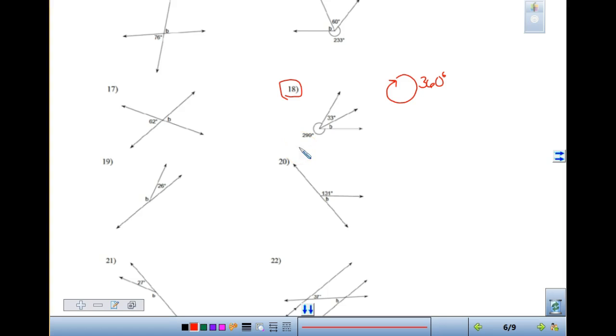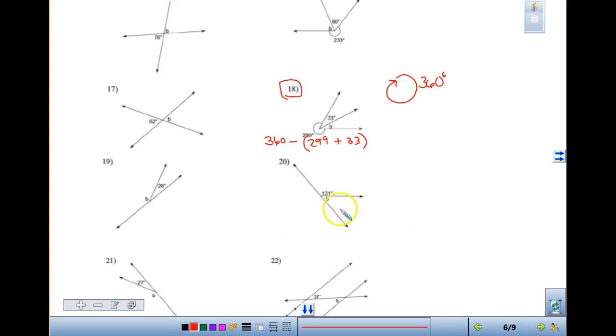This is 18. So 299, is it? Yeah. So you're going to go with 299, and you're going to add the 33 to that, right? And then you're going to take 360 and subtract that quantity after you've added it, right? So that's all they're asking you in that part, okay?